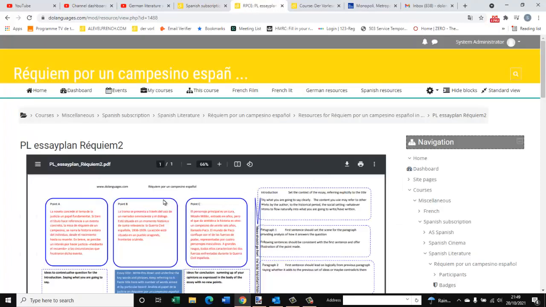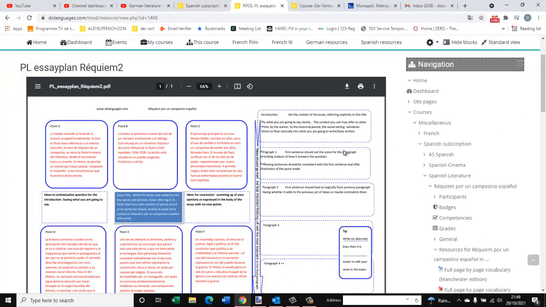Essay plans, we really push the non-linear essay plan. Read the essay title very carefully and then get your ideas down in separate parts of the page, and then add as and when the ideas come at the planning stage. Very crucial.